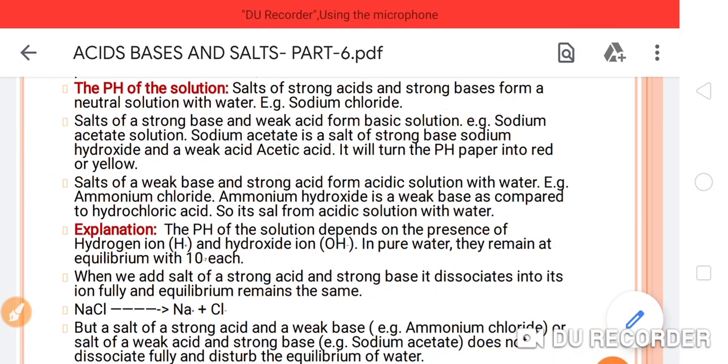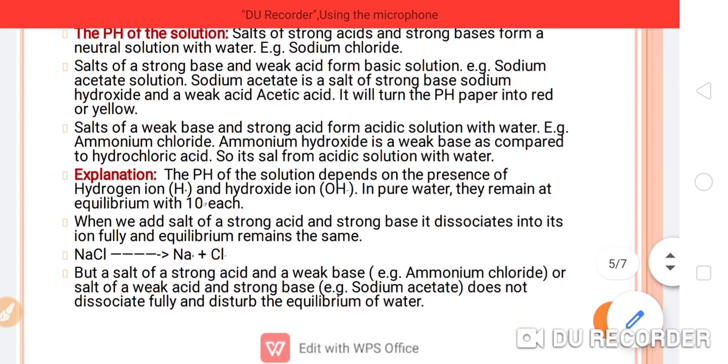Example: sodium acetate, which I have written. Sodium acetate is a salt of the strong base sodium hydroxide and the weak acid, acetic acid. So it will form sodium acetate, that will be a basic salt. It will turn the pH paper red or yellow.